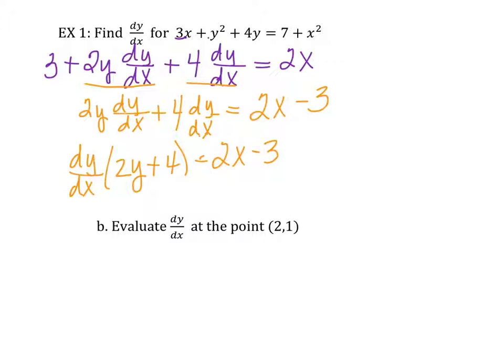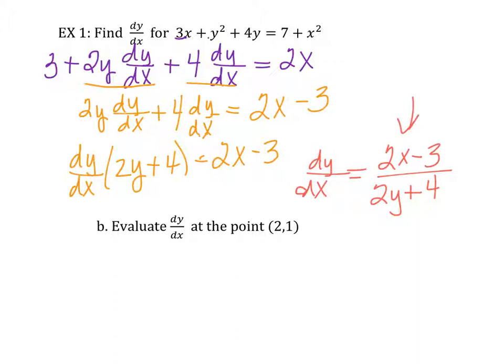By dividing by 2y plus 4, I get that dy/dx is equal to (2x minus 3) over (2y plus 4). And notice the difference with implicit is that when we did dy/dx before, it only had x's in it. Now our dy/dx could possibly have y's in the derivative as well.